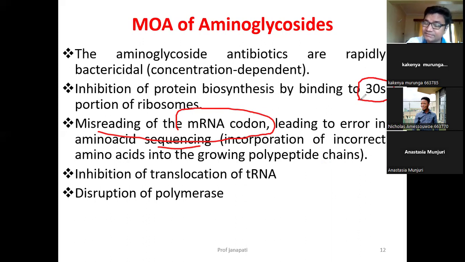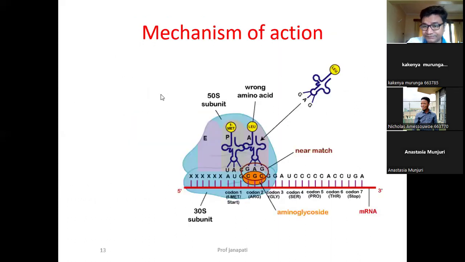Here, these drugs bind to the 30S ribosomal unit and do all these activities, that is misreading of codon, inhibition of translocation of tRNA, and disruption of polymerase enzyme. So these are the mechanisms of action for these aminoglycosides.